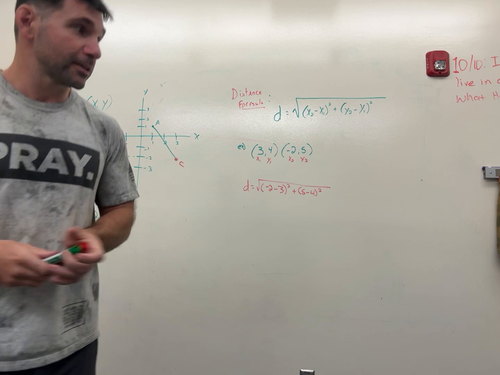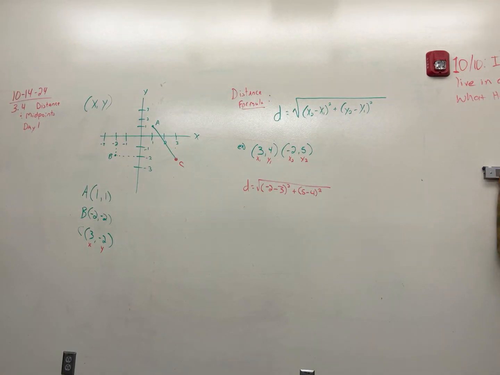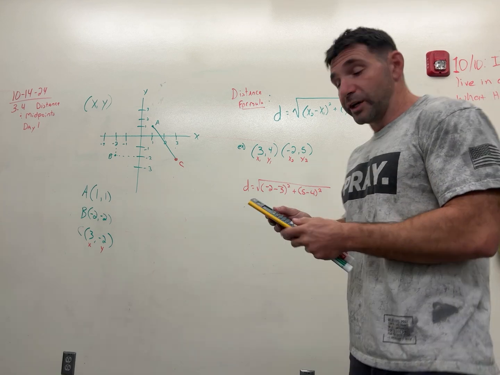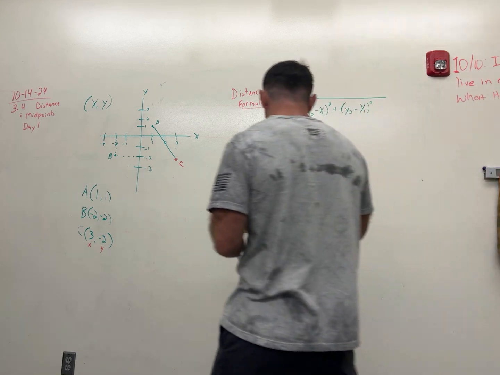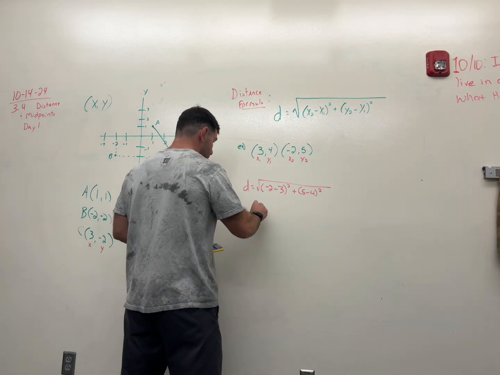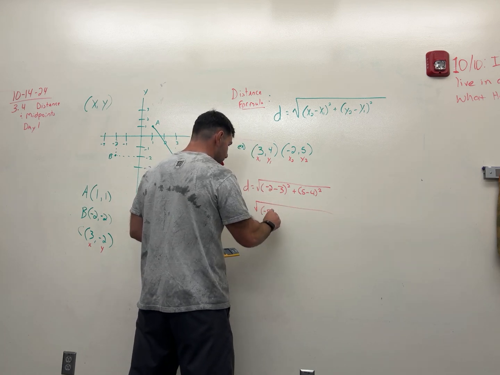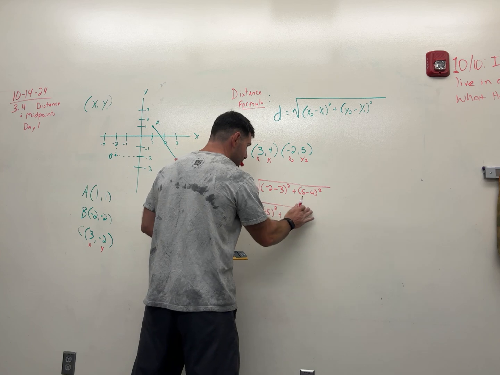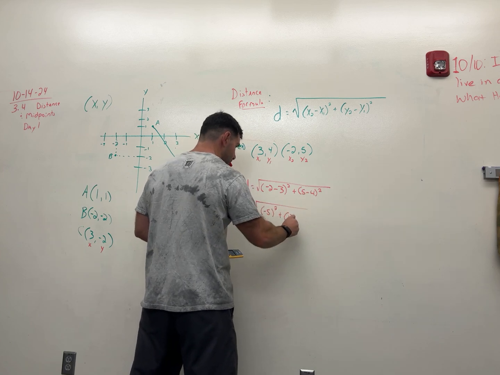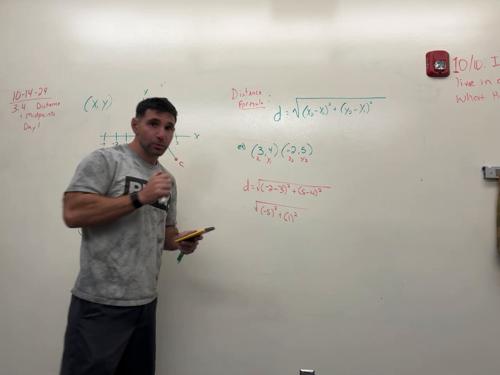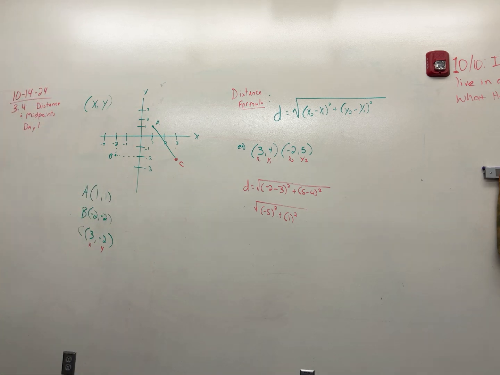So now we're going to get our calculators. Okay? So we do negative 2 minus 3. And notice, this is in parentheses. That's negative 5 squared plus 5 minus 4, which is 1 squared. Now, here's where it becomes tricky.